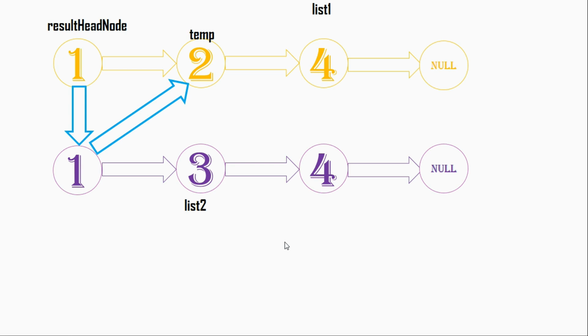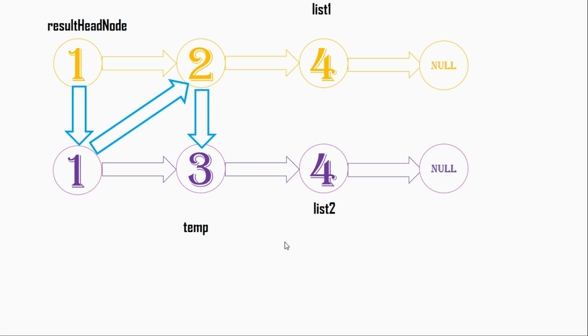That means my temp will point to node 3 and list 2 will move to the next node, that means list 2 will point to node 4. At the end temp will move to the next node. That means temp will now be node 3.